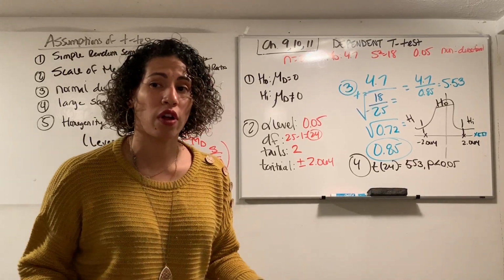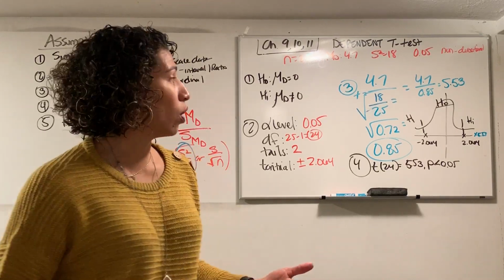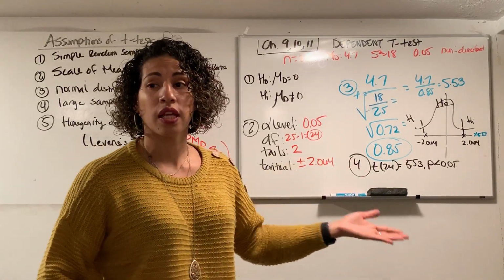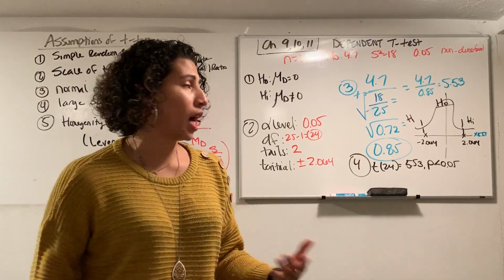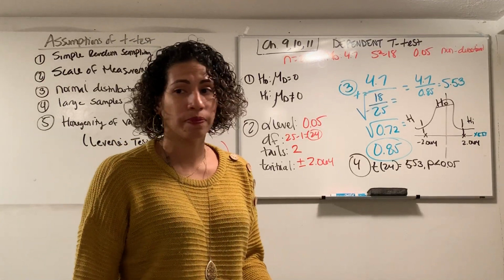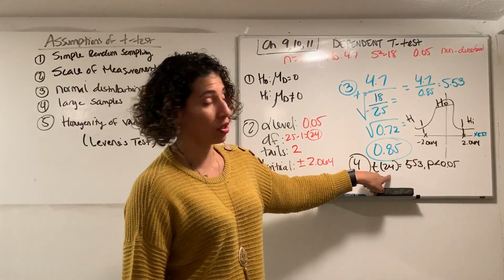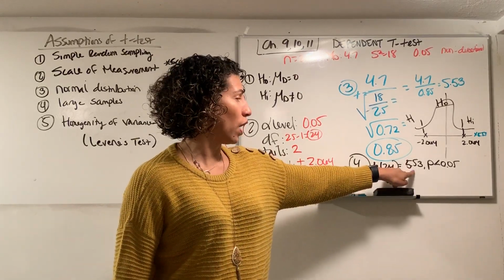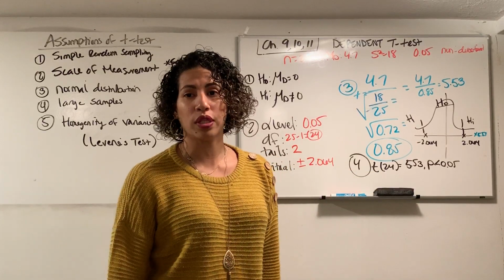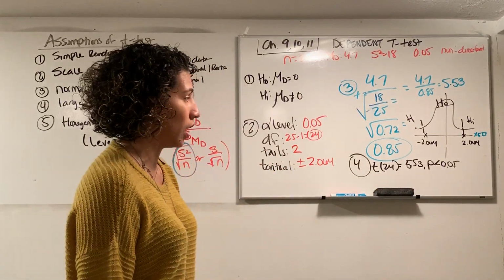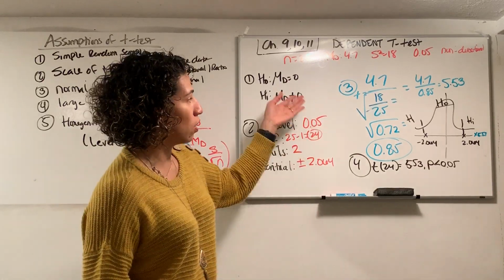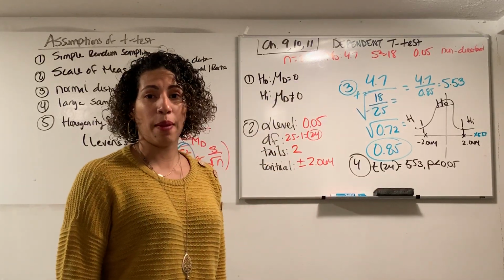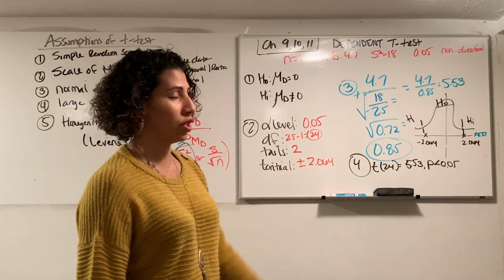A sample of 25 college students were selected. The results indicate there's a significant difference between those that have less than 8 hours of sleep and those that have more than 8 hours of sleep as performing the task of test taking. And you would actually put t, degrees of freedom 24, is 5.53 with a p-value of less than 0.05, meaning you landed inside the tail. So all you do is reword your actual research problem and add in all the beautiful symbols, giving it an APA write-up, and doing essentially step 4.